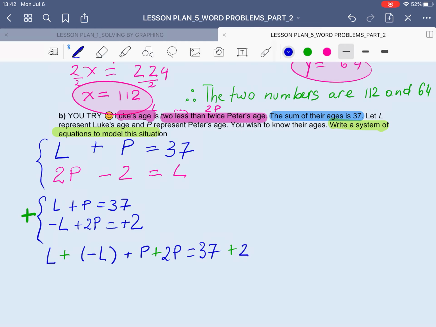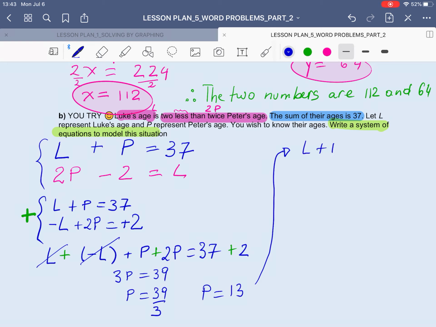Let's solve this very simple linear equation. So these two terms simplify, and we end up with 3P equals 37 plus 2, 39. So P is 39 divided by 3. And that will make Peter only 13 years old. There we go, Peter. And now we're going to move on to Luke's age.